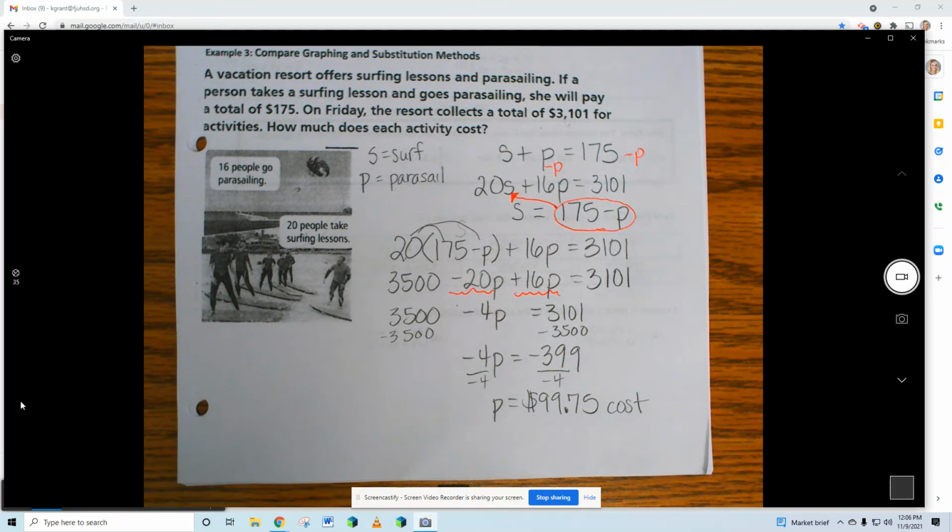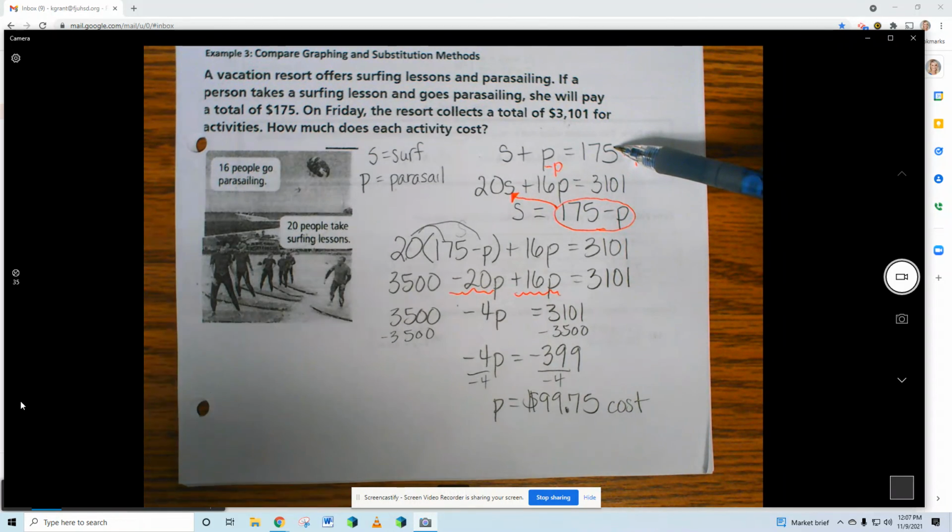Now, how do I know how much surfing costs? Subtract from what? 3,101. No, conflicting points of view. Plug 99 in. Just subtract. Subtract what? The 175, because this one lady did both activities and she paid only 175.